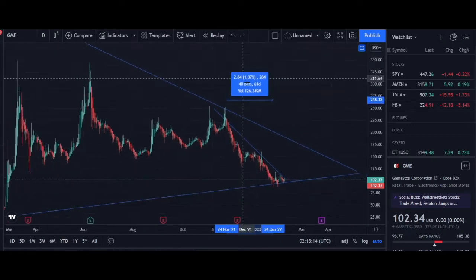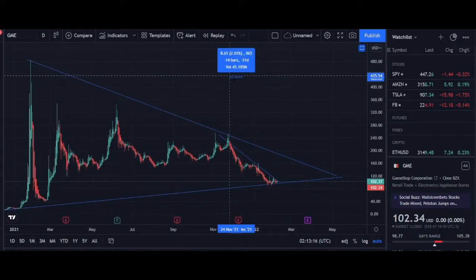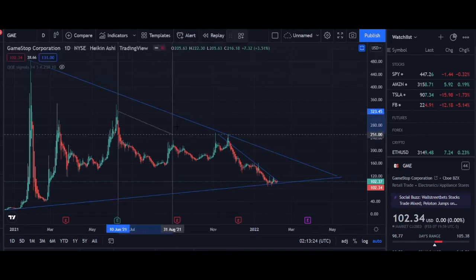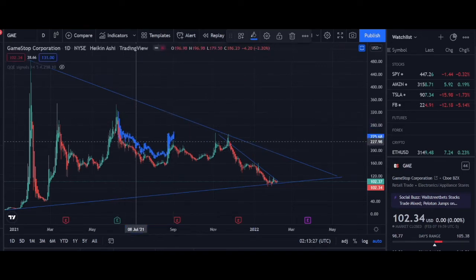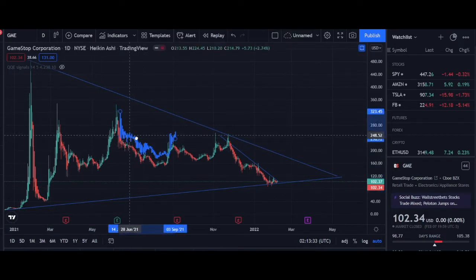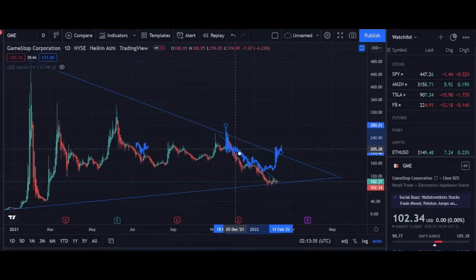Well, now things get a little crazier. So we know that the first part of the cycle is tracked, but how do we know that the second part of the cycle will track? Well, we're going to take the bar pattern from this drop all the way until this run up. So we're going to take this right here, and we're going to overlay it right here.